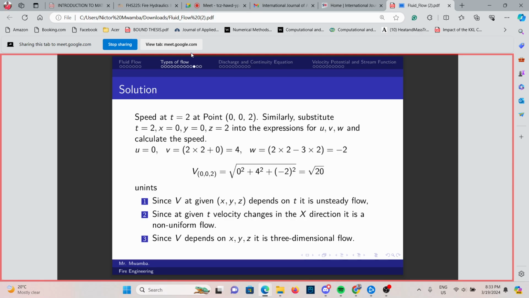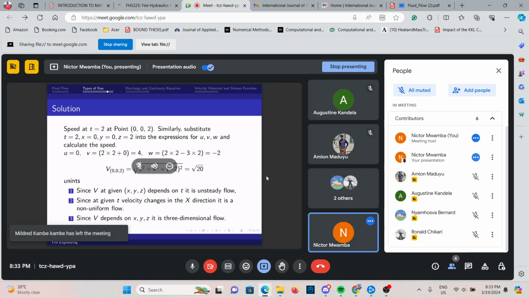Any questions on the example before we do another example? Is it clear, or is it confusing, or are you still digesting?